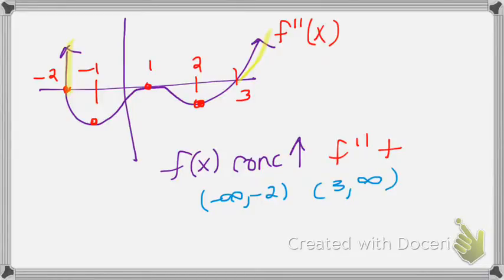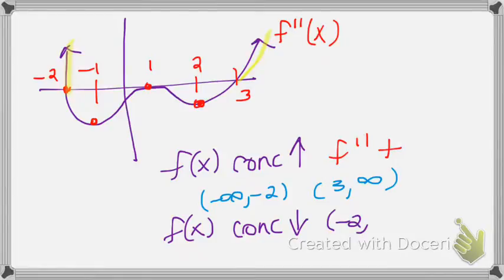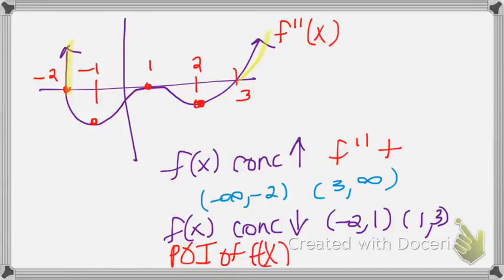If I wanted to know where f of x was concave down, that would be -2 to 1 and then 1 to 3 because that's where the graph is below the x-axis. And then points of inflection of f of x are places where that changes.